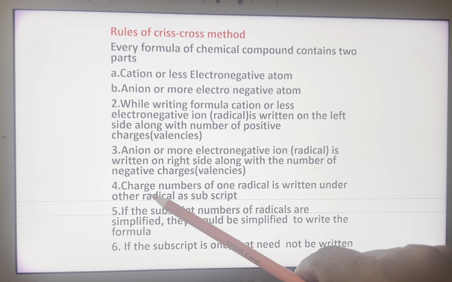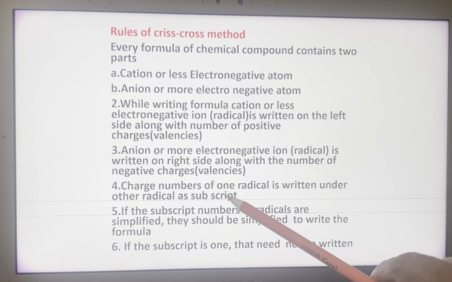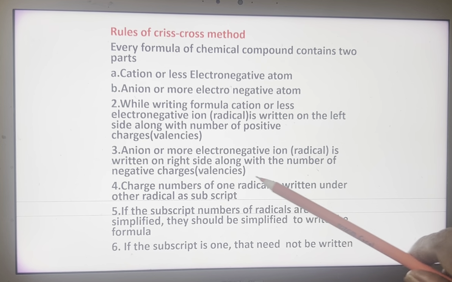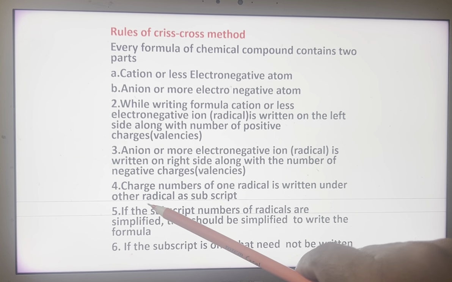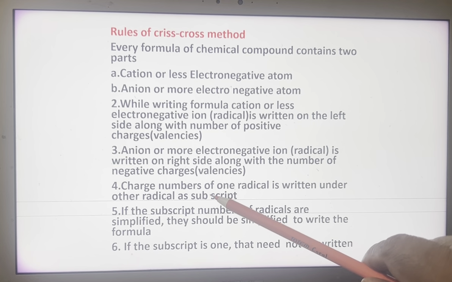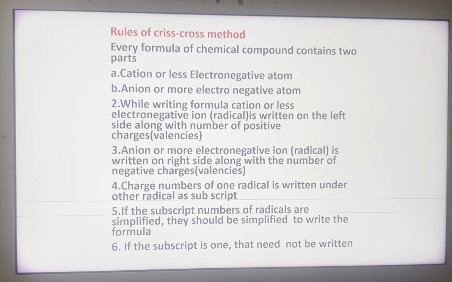Afterwards, what you have to do: the charge number of one radical is written under the other radical as a subscript, at the bottom of the other part. Similarly, the charge number of the other part will be written at the bottom of the first part, that is the cationic part.